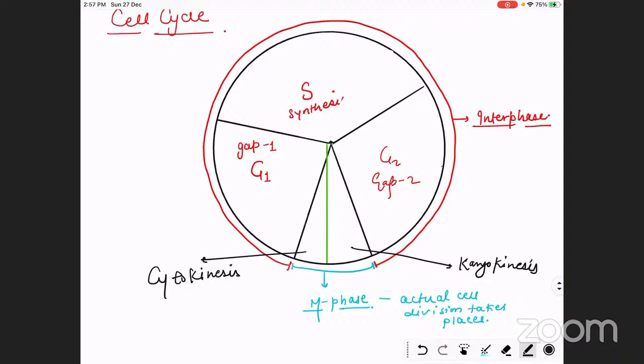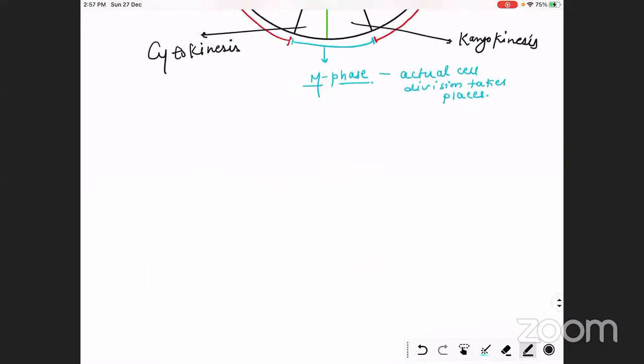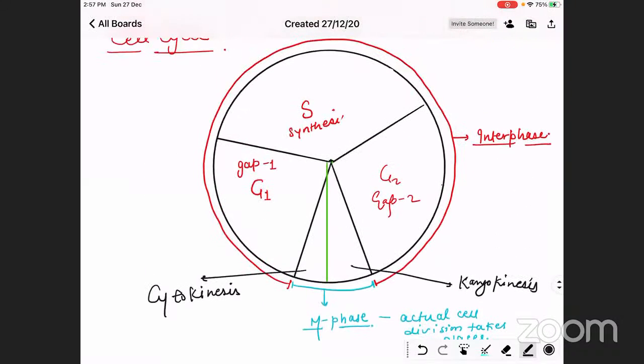Karyokinesis is again divided into some phases. Okay, so this is the basic structure of the cell cycle. You have G1 phase, S phase, G2 phase, and from this point to this point is known as the interphase, and from this point to this point the M phase. M phase is divided into two phases: karyokinesis and cytokinesis. Interphase is divided into three: G1, S, and G2.